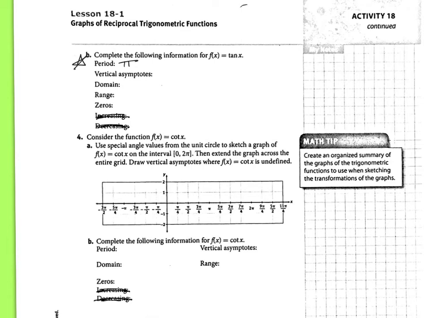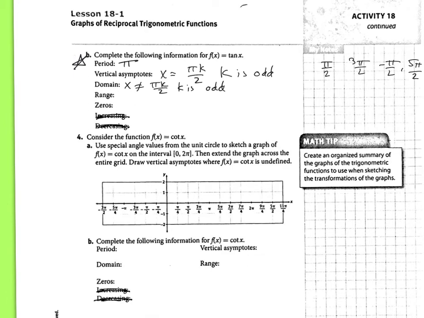The asymptotes, they were at pi over 2, 3 pi over 2, they were at negative pi over 2, they were at 5 pi over 2. So you can see the pattern here is that x equals pi k over 2, k is odd. The domain, much like the others, x cannot equal pi k over 2, where k is odd.